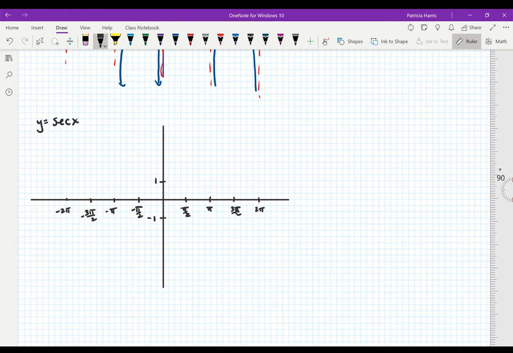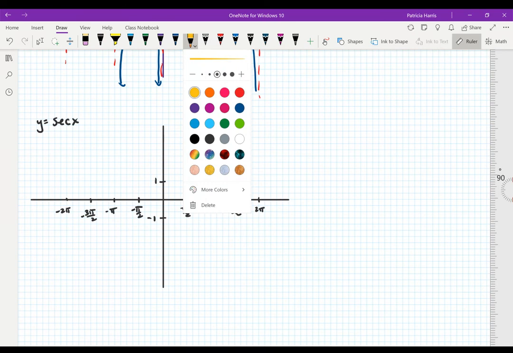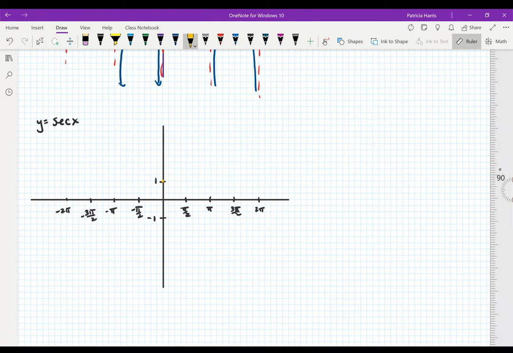All right, here we go. So again, we're going to start with a yellow color for the graph. We're starting with cosine. Remember, cosine starts at 1. We're just following the values that we've seen on the unit circle.